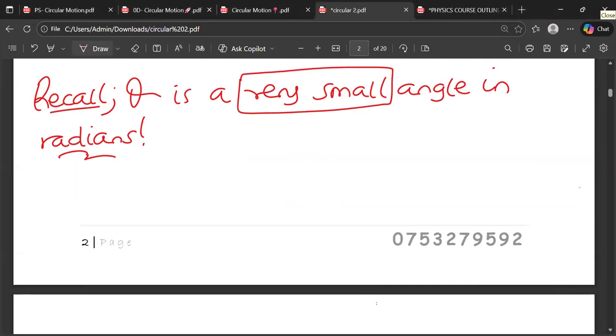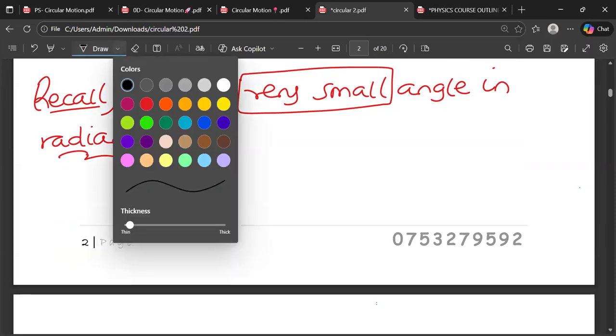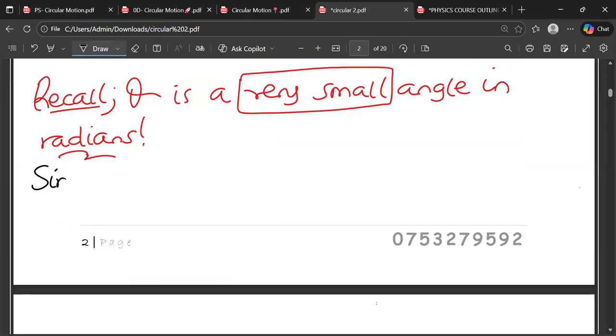I show you something here. Just do for me 2 decimal places. I don't want us to waste time. Okay, 3 dps, but 2 dps are enough. Give me the value of sine 1, to 2 dps. You give me the sine of 0.5. You give me the sine of 0.1.